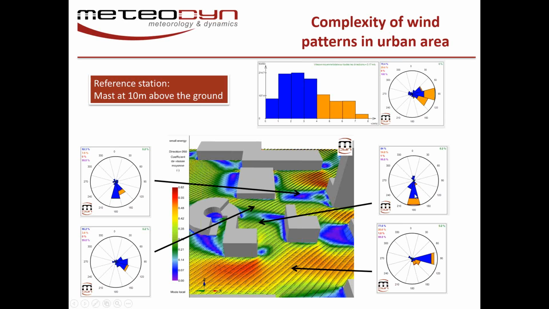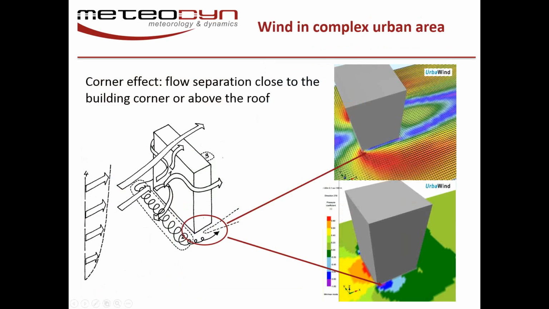We don't have values here, but the more yellow the color, the more powerful it is. When it's blue, it's weak wind. So why does that happen? I will give you three main effects.